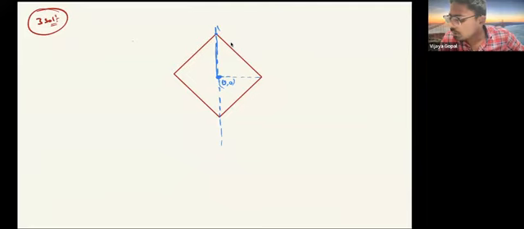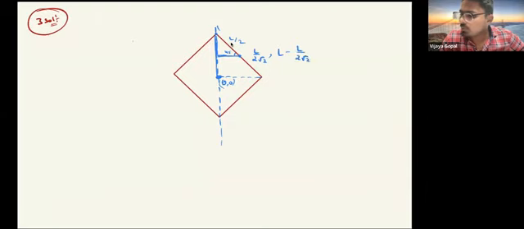If this length is L by 2, and this is 45 degrees, the X length will be L by 2 root 2, and the Y coordinate will be L minus L by 2 root 2. So this is the coordinate of this one.